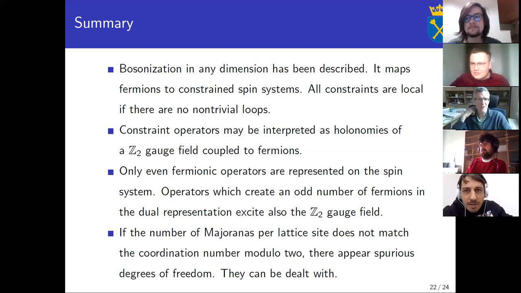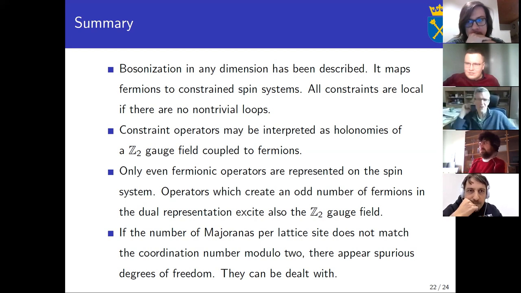Did you also make numeric simulations using these ideas for some systems?